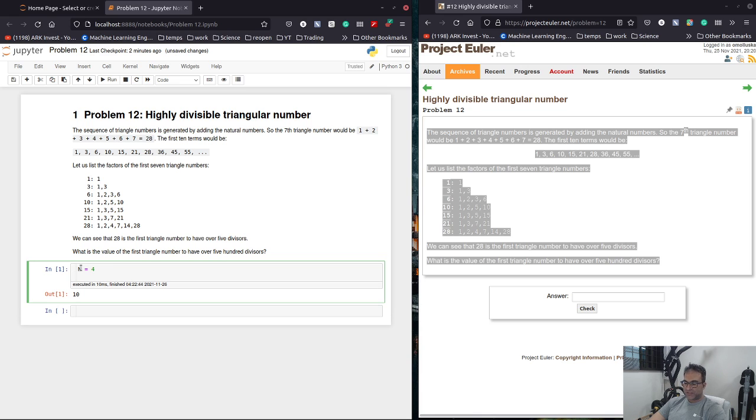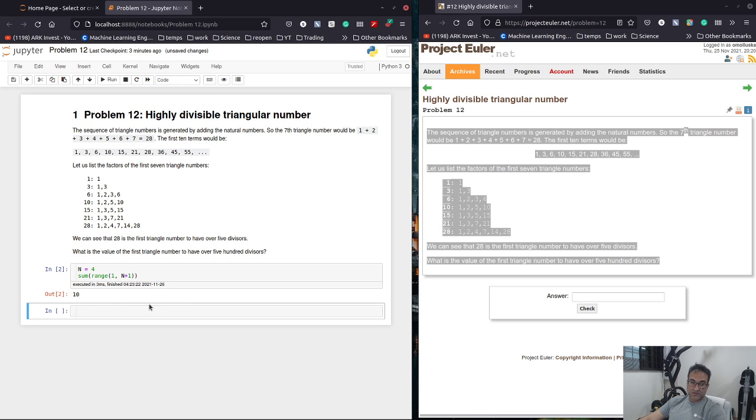Then what is the sum of the range that goes from 1 to n plus 1, and that's what it is.